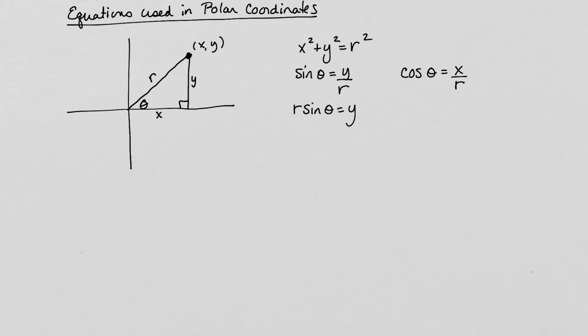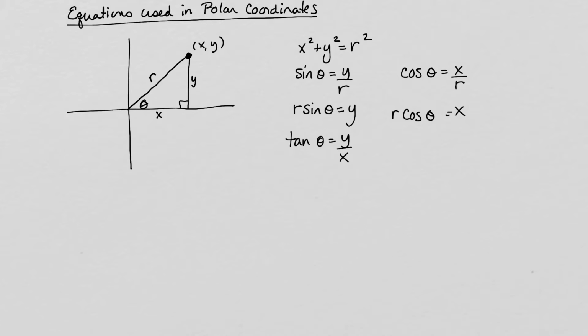Again, I can multiply both sides by r and get that x is equal to r cosine theta. Then I can also figure out the tangent of theta. What would that be? Yeah, y over x.